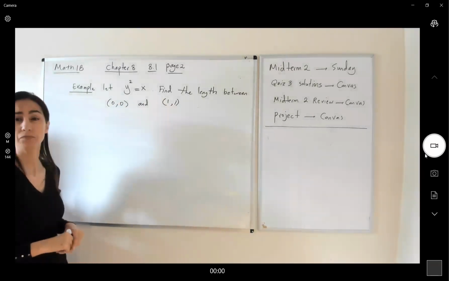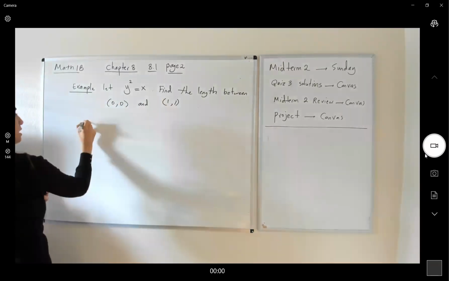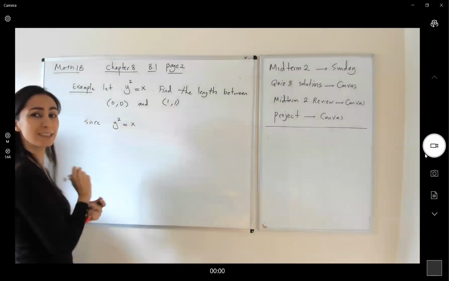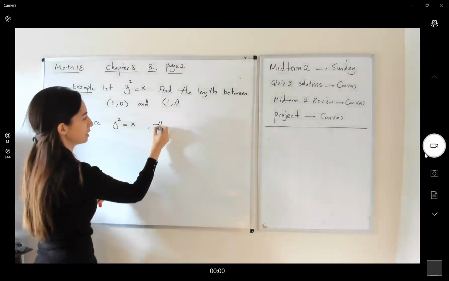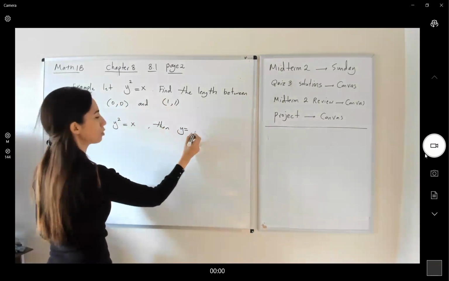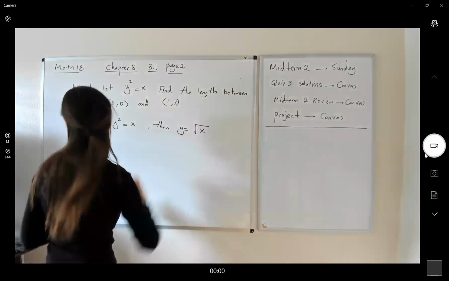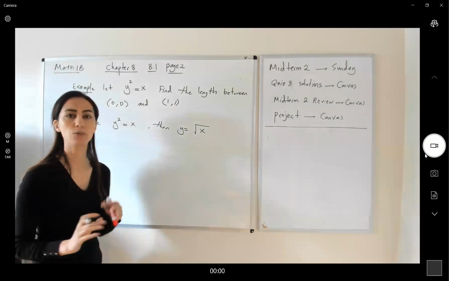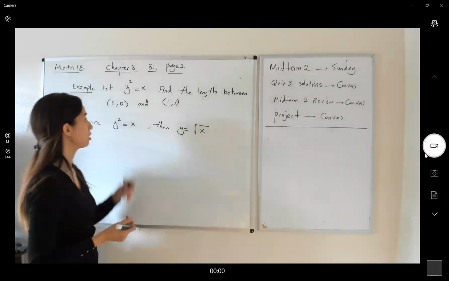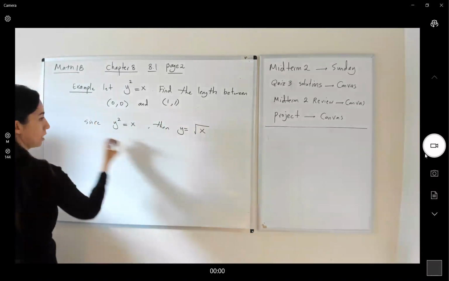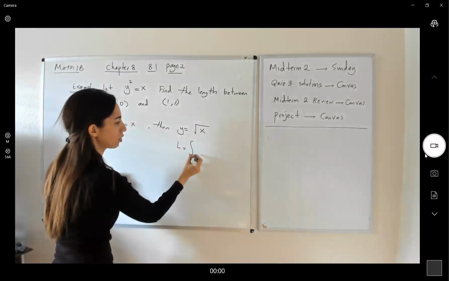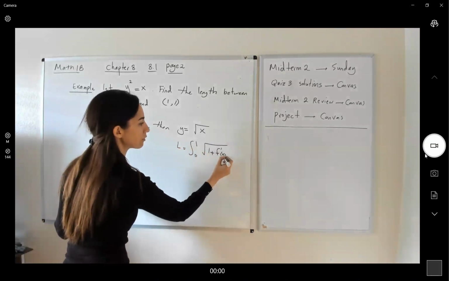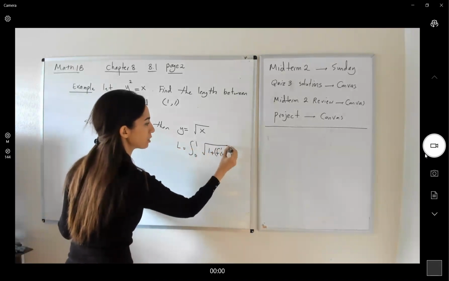You might say, okay, since y squared is equal to x, then y is equal to the square root of x. So now I want to take the integral between 0 and 1. Length is equal to the integral from 0 to 1 of the square root of 1 plus the derivative of the function raised to the second power, dx.